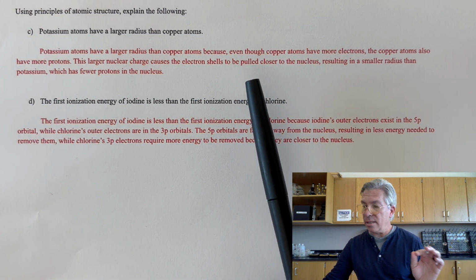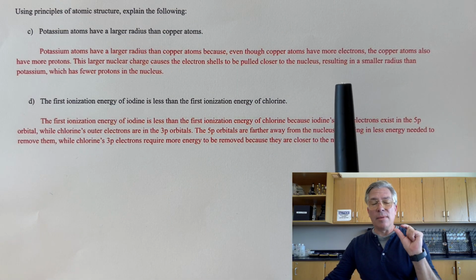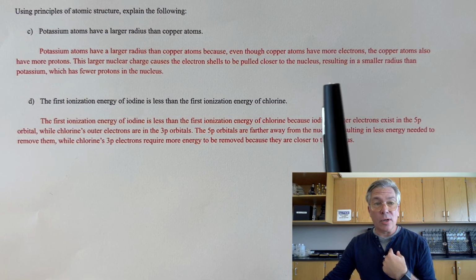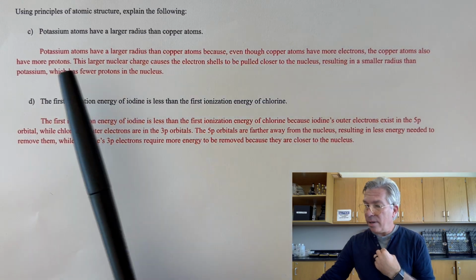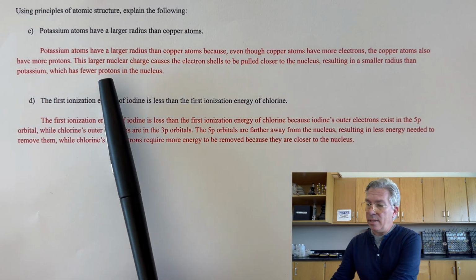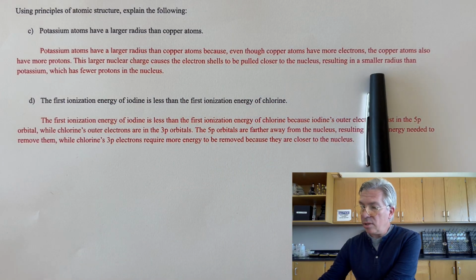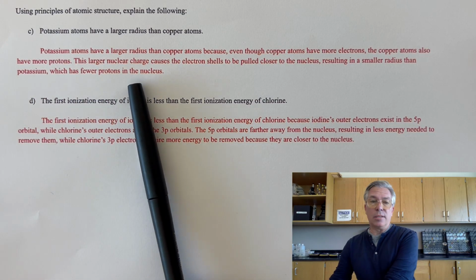And then I said, because even though copper atoms have more electrons, I threw that in there so that my grader would have a better idea that I know what I'm talking about. Yes, I understand they have more electrons, but the copper atoms also have more protons. This larger nuclear charge causes the electron shells to be pulled closer to the nucleus, resulting in a smaller radius than potassium, which has fewer protons in the nucleus.